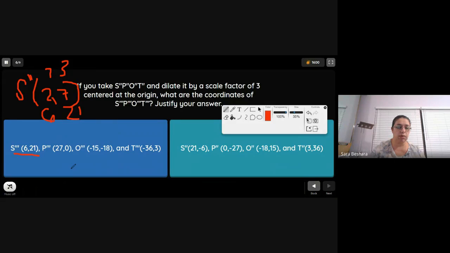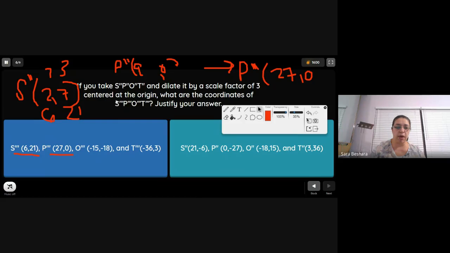Now let's do B. B double prime was 9 and 0. So B triple prime is 9 times 3 is 27, and 0 times anything is 0. So it would be 27 and 0. We can see that the answer is the first option.